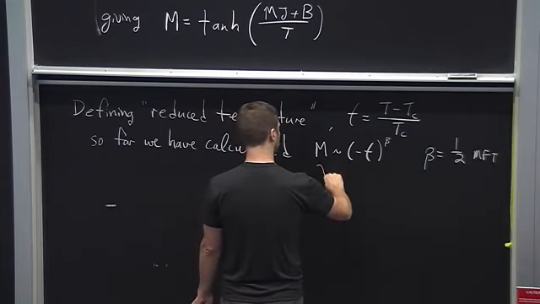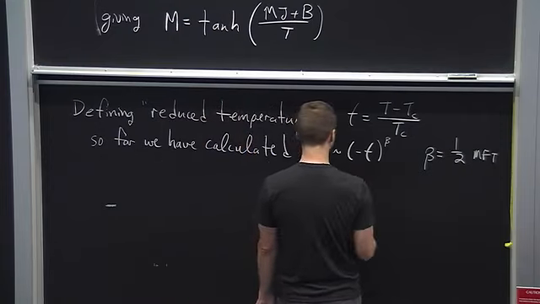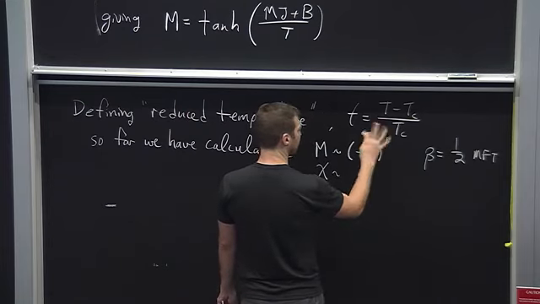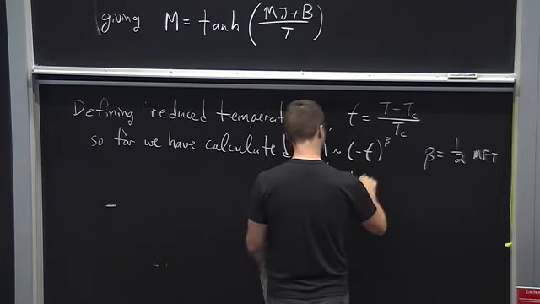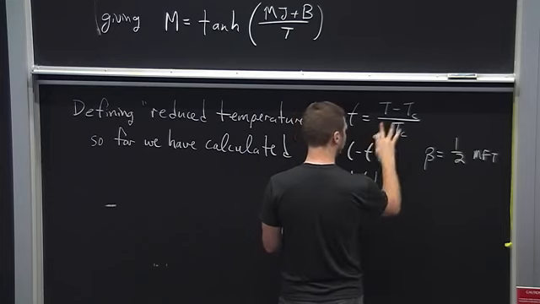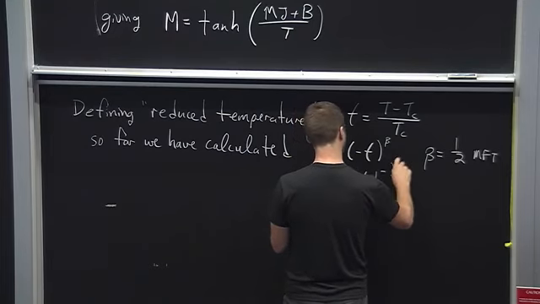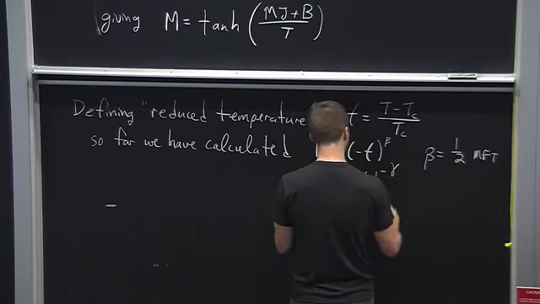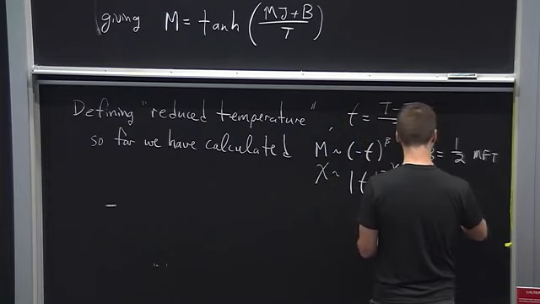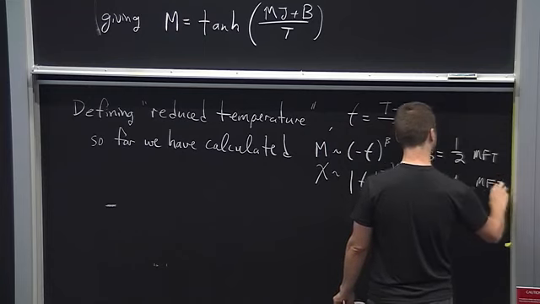And then at the end of last class, we calculated the susceptibility. So to get the reduced temperature right, I'll write it like this. Absolute t to the minus gamma, where gamma is 1 in mean field theory.